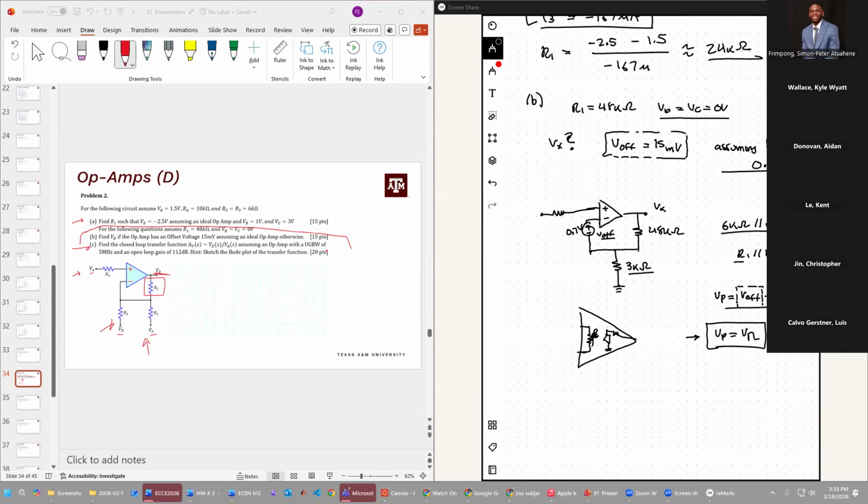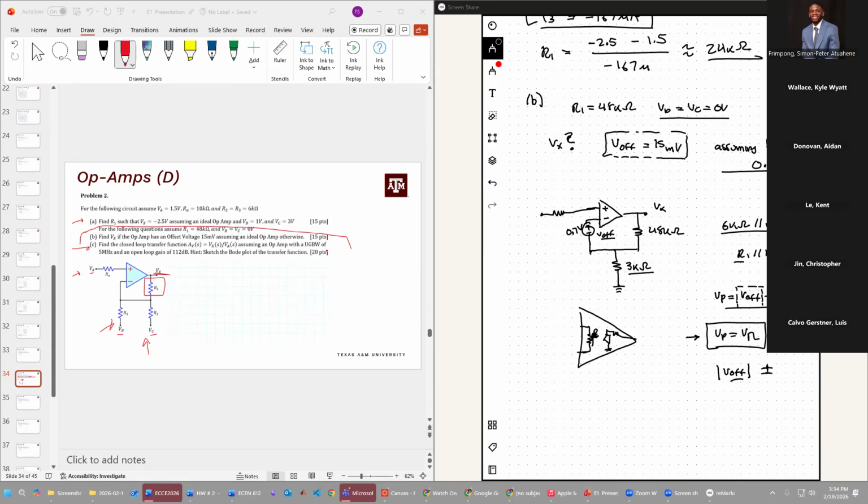That's a good question. It can go both ways. In this case, I'm pretty sure it's defined by the actual sign, whether or not the offset is positive or negative.